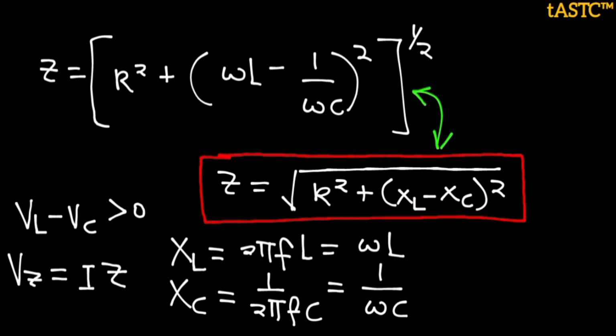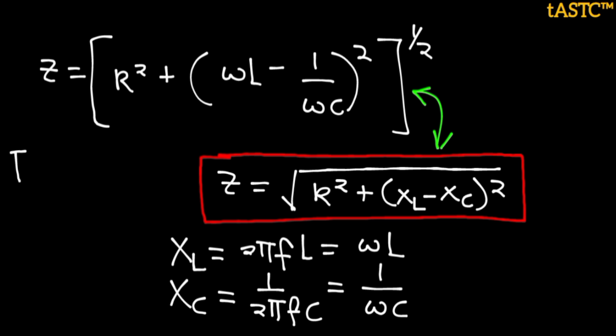Now what is the phase angle? Like we solved it initially, the phase angle is always going to be tan theta. And basically this should be called the phase difference.